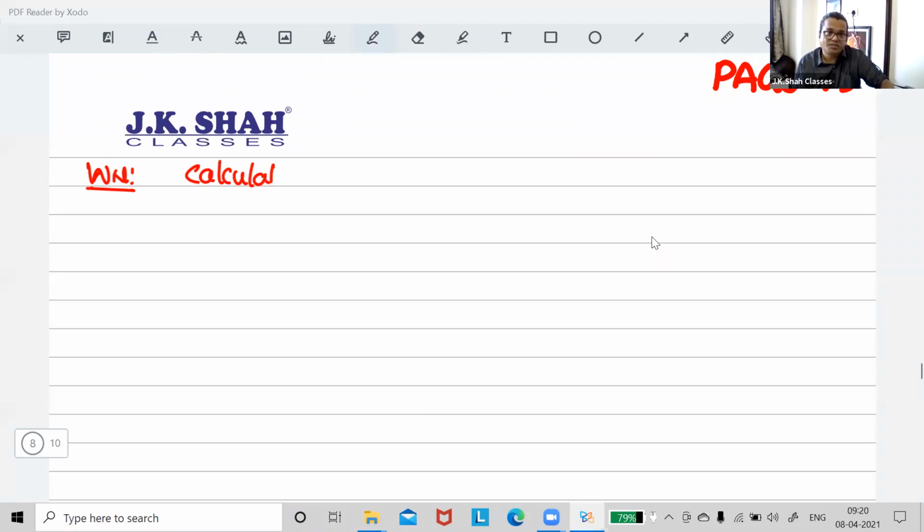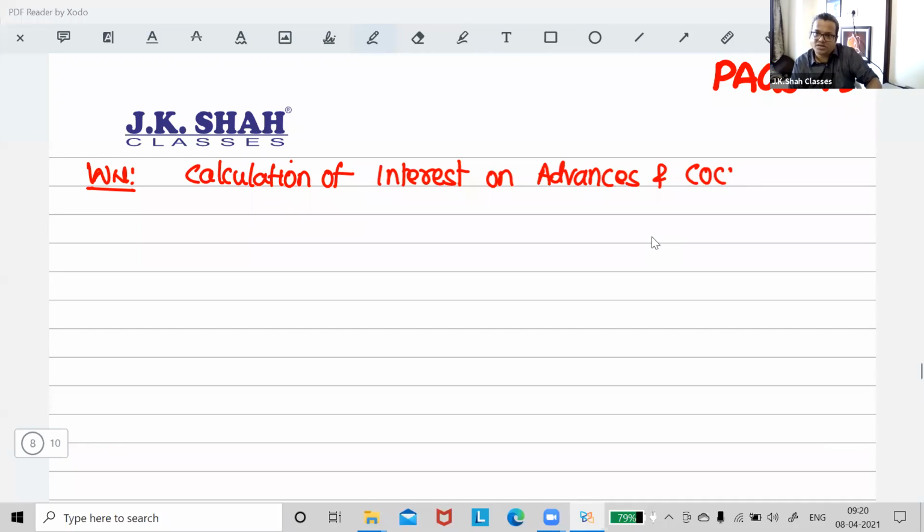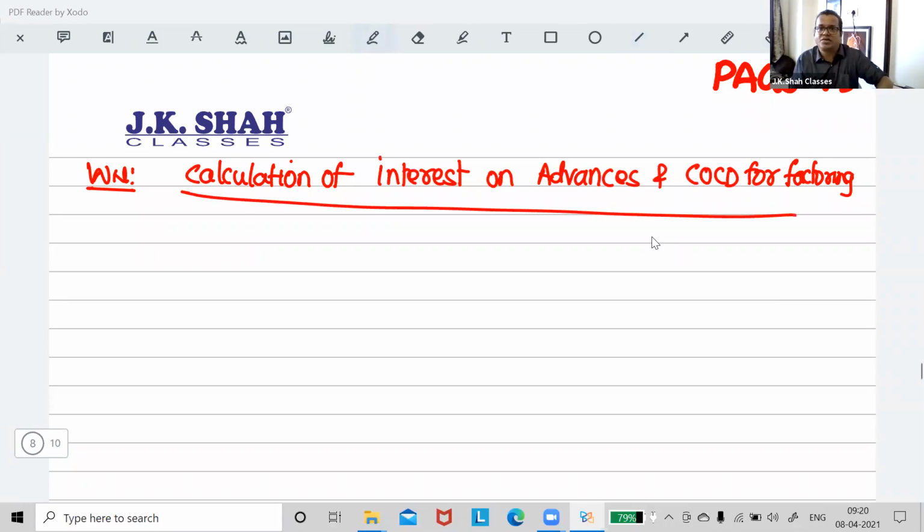It is about calculation of interest on advances and COCD for factor.